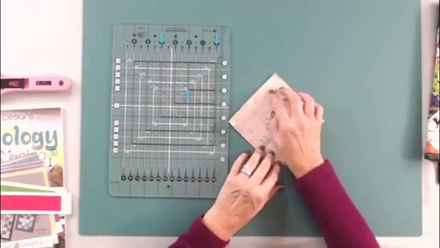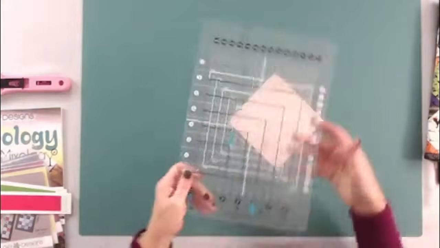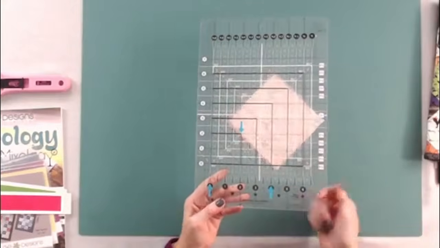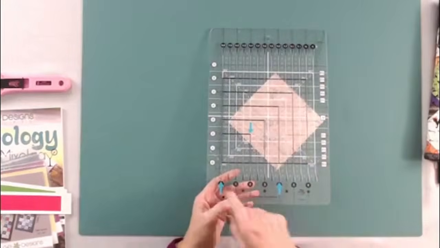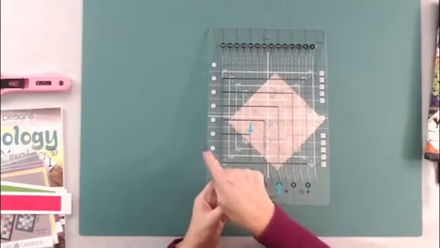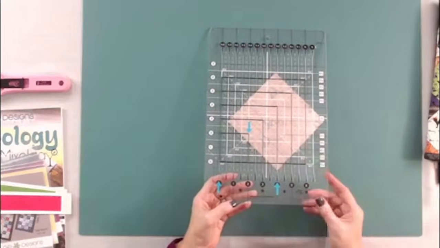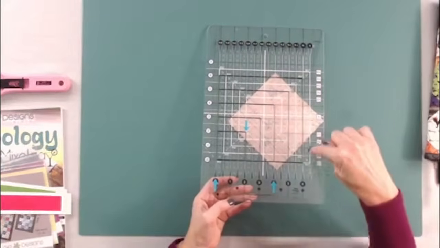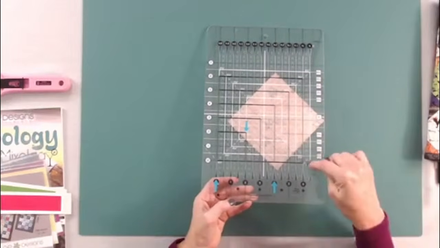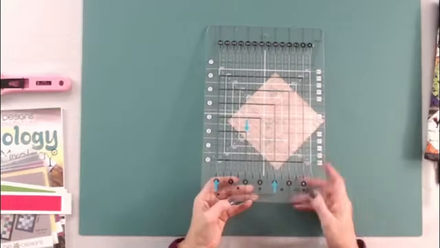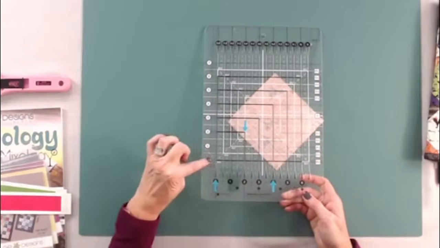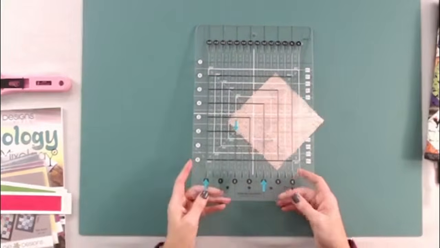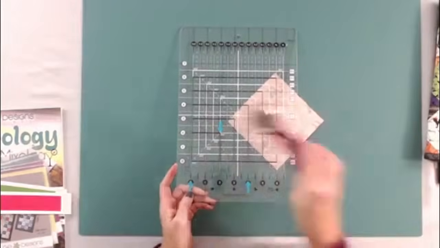What I did include in this ruler is, whenever I'm cutting squares apart in half diagonally, these diagonal white lines here in each corner. I recommend using the 6.5-inch slit, or the lines here on the right side of the ruler if you're right-handed, and then the ones on the left if you're left-handed, because it just depends on which side stabilizes.